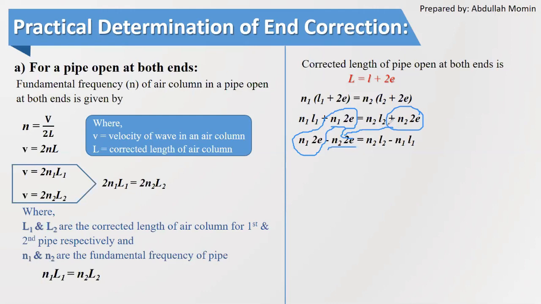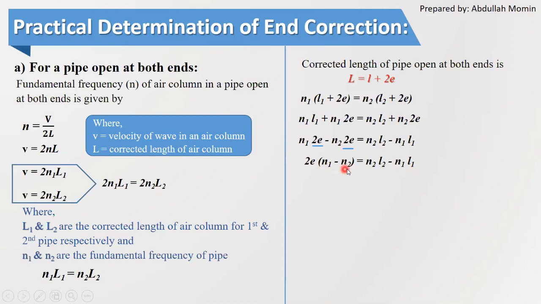Similarly, N2 L2 is written as it is, but N1 L1 comes to the other side and is written as minus N1 L1. So now we take 2E common from this equation, and the next step can be written as 2E as a common, N1 minus N2 is equal to N2 L2 minus N1 L1.